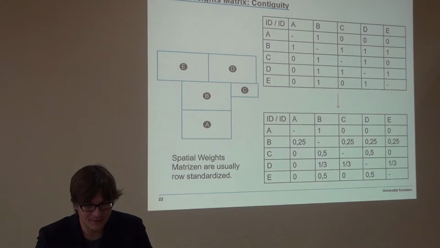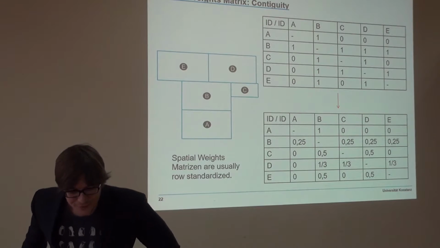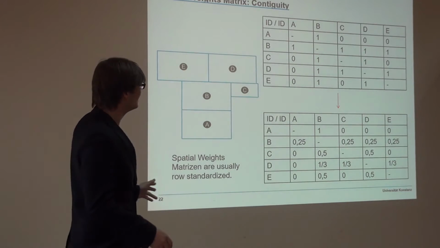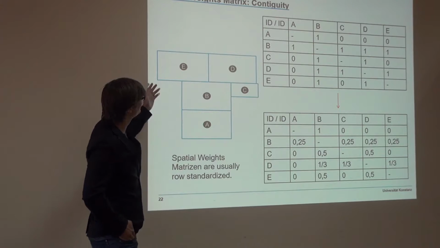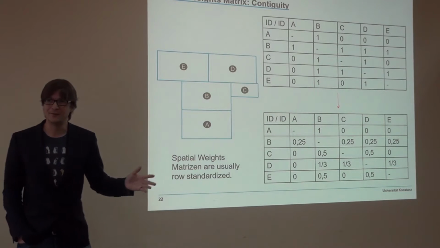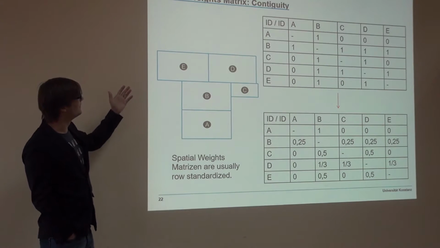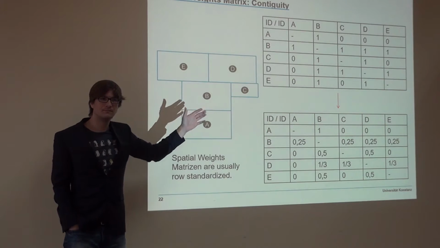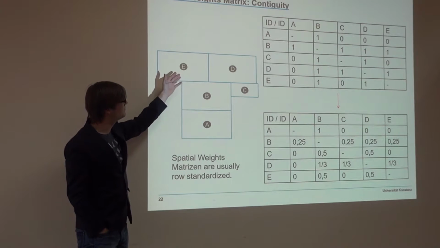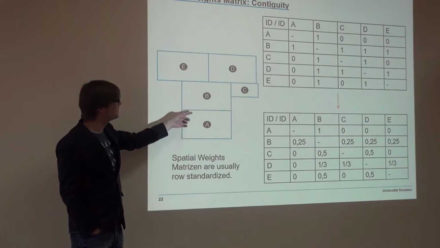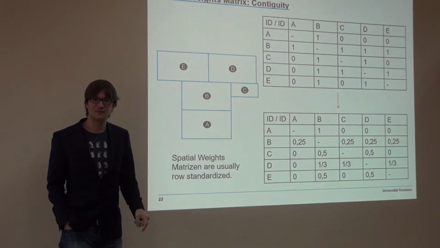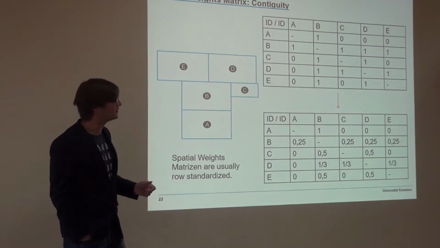Okay, now I show you just how it's done. It's really easy. So, for example, we start with the contiguity matrix or adjacency matrix. These are different neighborhoods, neighborhood A, B, C, D, and E, and they share borders with some neighborhoods and they don't share borders with other neighborhoods.